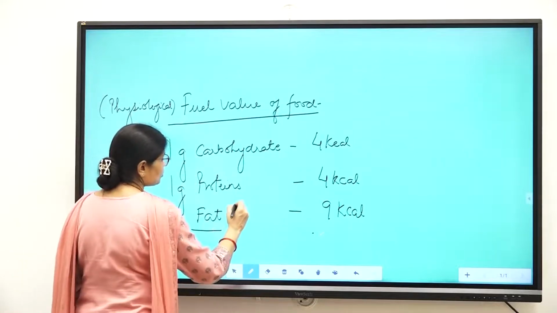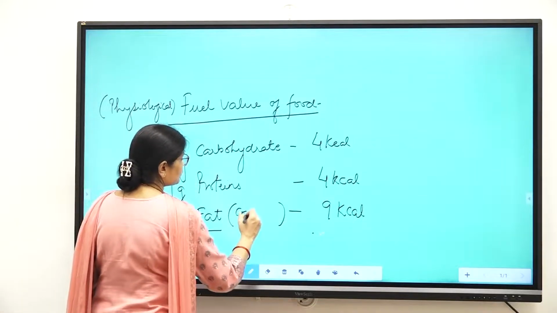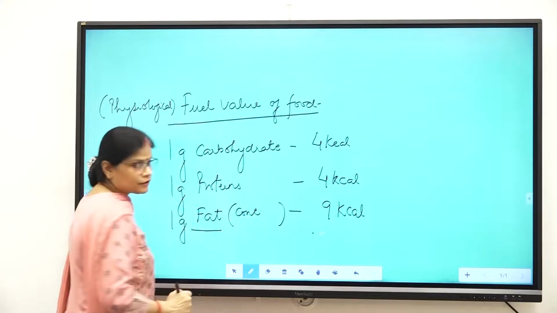That is why fat is also known as a concentrated source of energy.